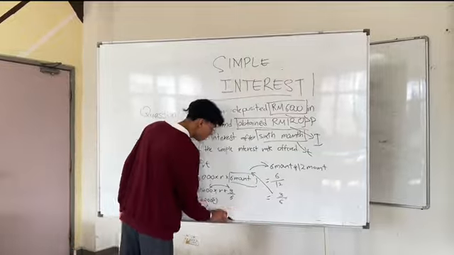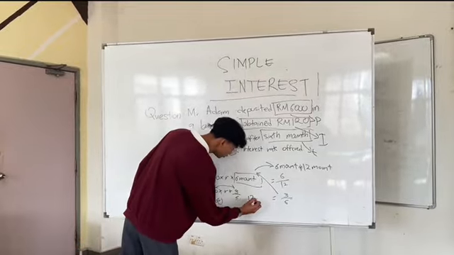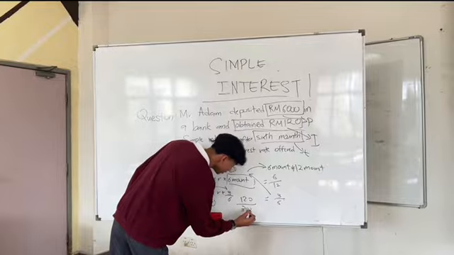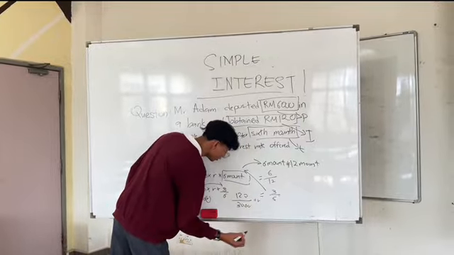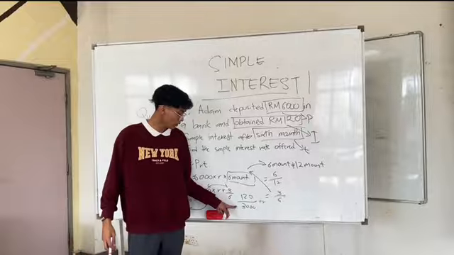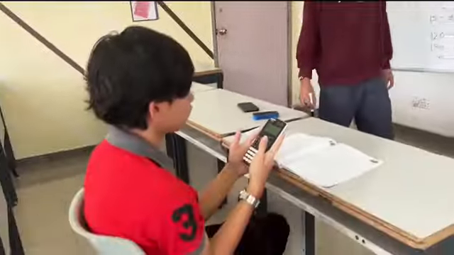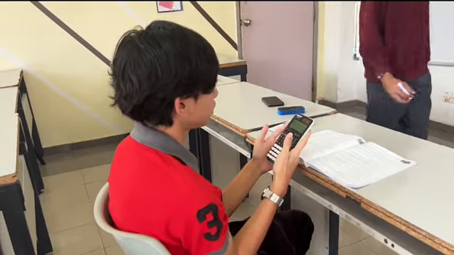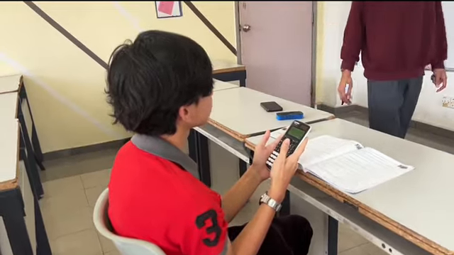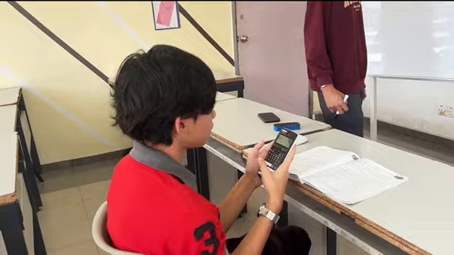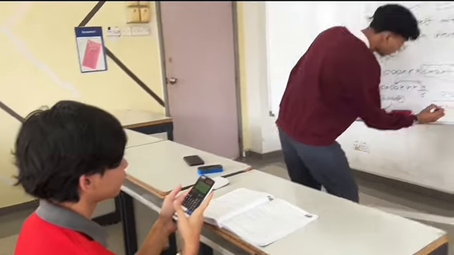It will be R equals 120 over 3,000, which is 1 over 25. Make it in the form of decimal: 0.04.